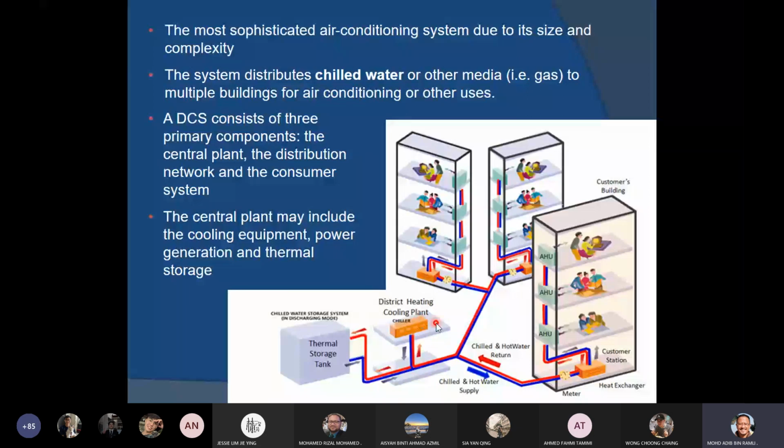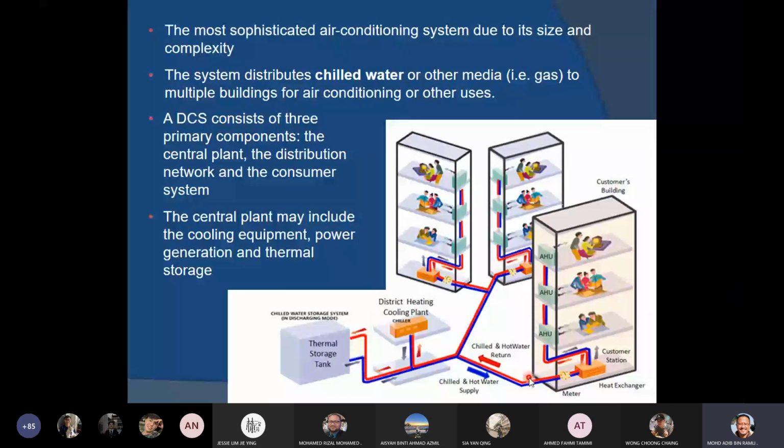It's separated from the building tower, from the blocks. So what's inside the block is basically what we call a customer station. So maybe a smaller version of the plant room. And then from there it connects to the AHU, right? And then the rest are similar.